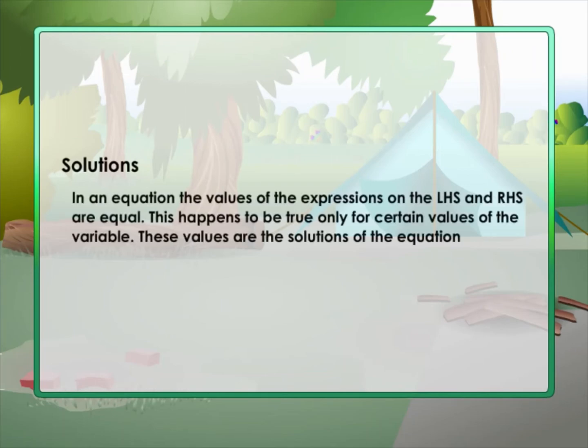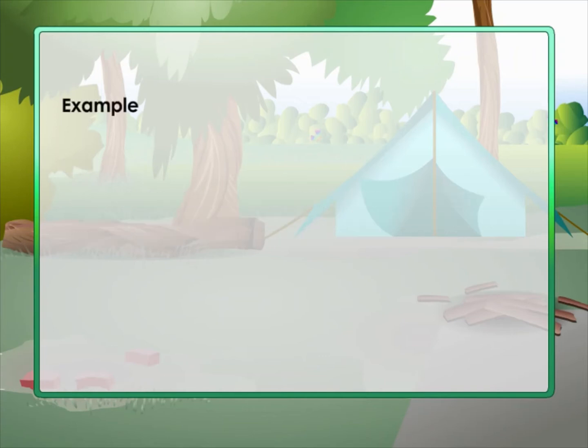Solutions. In an equation, the values of the expressions on the LHS and RHS are equal. This happens to be true only for certain values of the variable. These values are the solutions of the equation. Example, consider the equation 2z - 5 = 1.